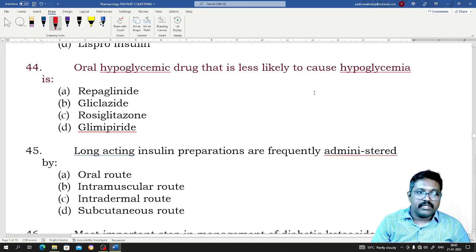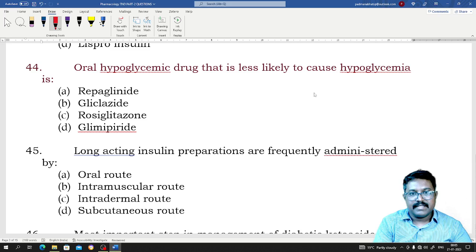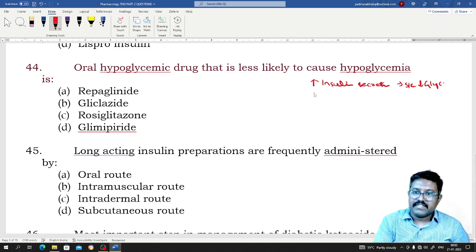So coming to the 44th MCQ, that is, the oral hypoglycemic drug that is less likely to cause hypoglycemia. Please remember, as we discussed earlier, the drugs which increase the insulin secretion will have the side effect of hypoglycemia. Those are sulfonylureas and meglitinides.